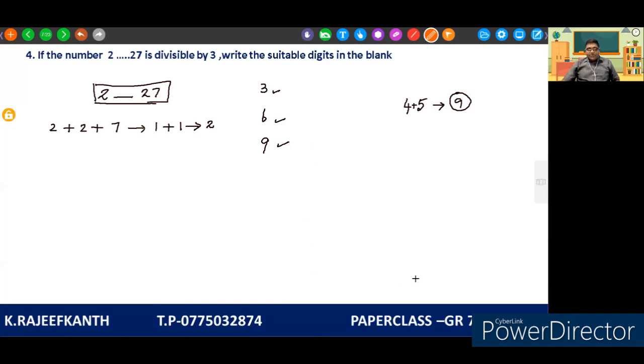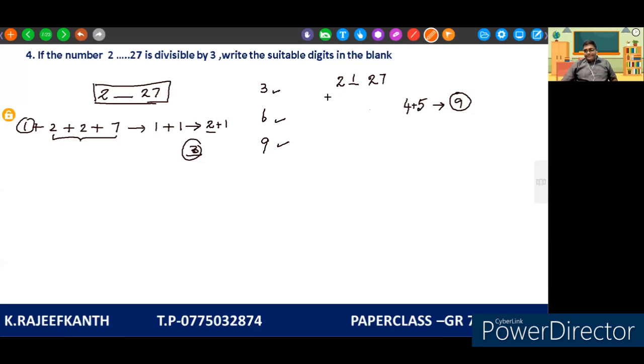I already told you, if a number is divisible by 3, then the digital root of that number should be 3, 6, or 9. Here, when we add these 3 digits, we get 2. So if we add 1 to this digit, then we can get the digital root 3. So here in this blank, we can write 1.